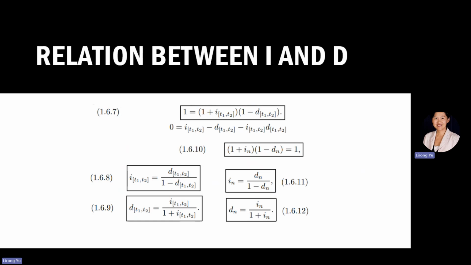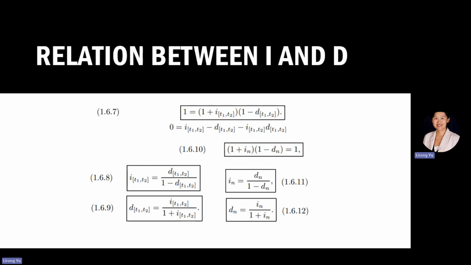So you increase with 1 plus i, and then you discount back with 1 minus d multiplied, and you're back to 1. So essentially these two are reciprocals of each other. 1 plus i allows you to grow to the end of the time point, and multiplying by 1 minus d allows you to go back to the beginning of that time interval.